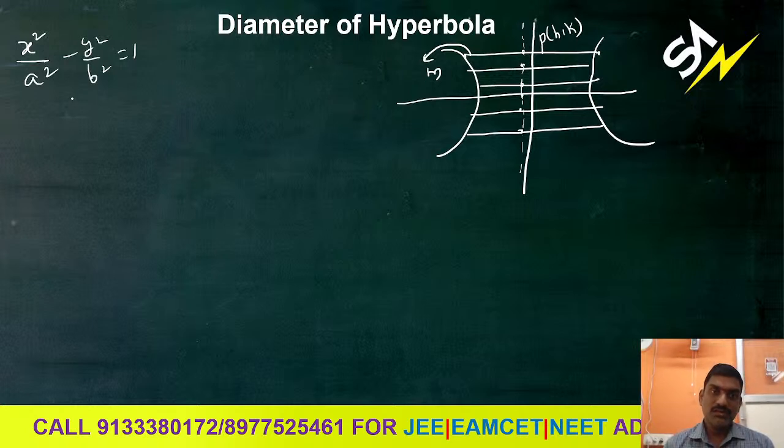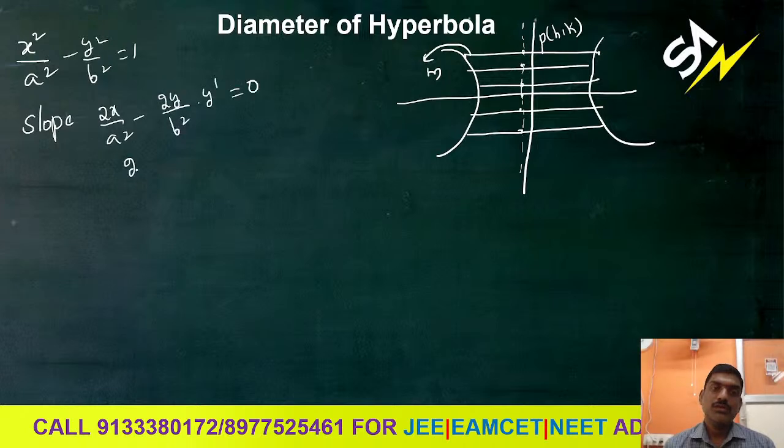Now calculate the slope here. Differentiating, 2x divided by a square minus 2y divided by b square times y dash is equal to 0. So 2x divided by a square is equal to 2y divided by b square times y dash. The 2 and 2 get cancelled.